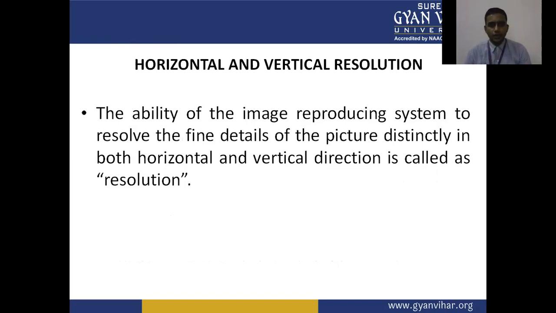Now we have resolutions, horizontal and vertical resolution. The ability of an image reproducing system to resolve the fine detail of the picture distinctly in both horizontal and vertical direction is called resolution.